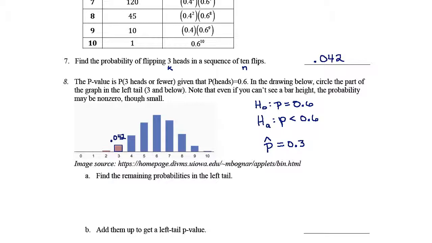So if this distribution represents the null hypothesis because it's all based on the idea that the probability of flipping a head is 0.6, then the tail going up to p hat equals 0.3, or in this case 3 flips, really corresponds to our p-value.